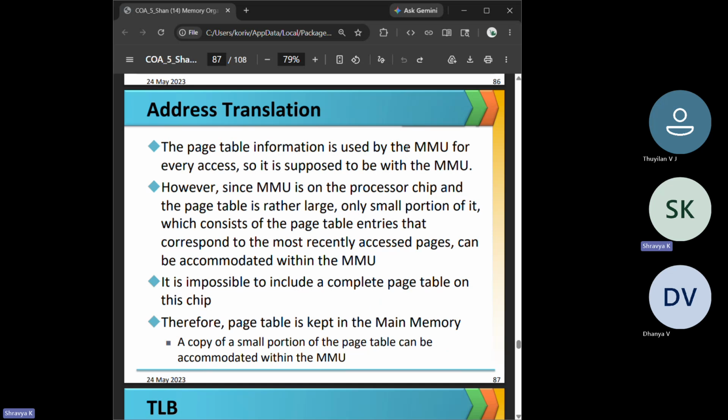However, since the MMU is on the processor chip and the table is rather large, only a small portion of it, which contains the page table entries that correspond to the most recently accessed pages, can be accommodated within the MMU.